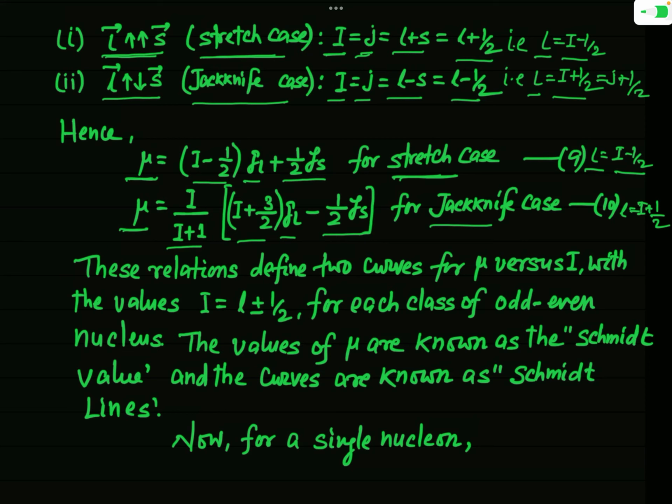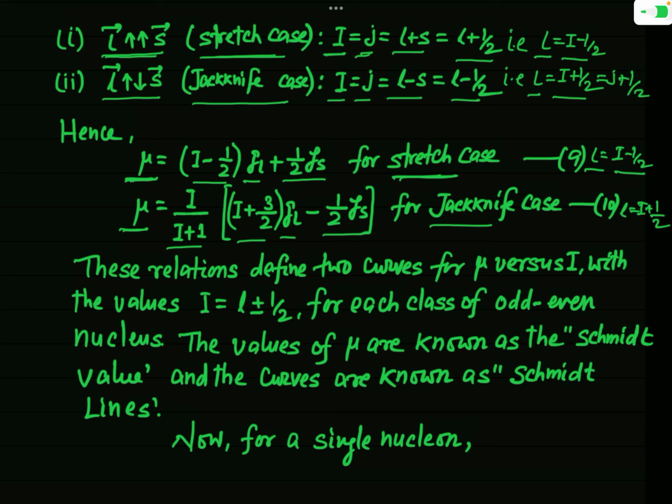And in both of these results you can see that the magnetic moment mu depends on the nuclear spin, the total nuclear angular momentum I or j. It means mu is a function of I or mu is a function of j in both cases. So we can plot a graph between mu and I on the basis of these equations 9 and 10. Okay?